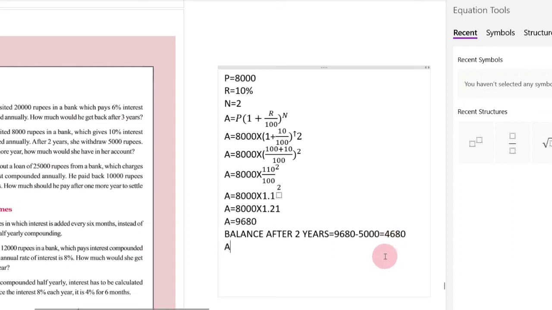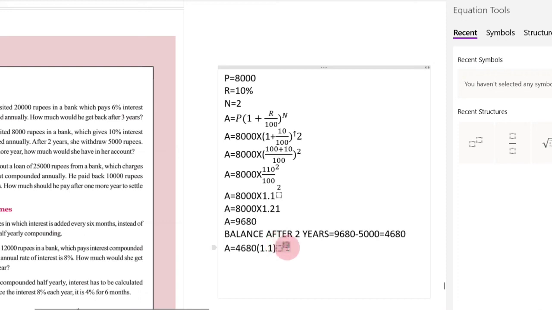So what will be the amount in that year? Here P is equal to 4680, so the amount is 4680 into 1 plus 10 by 100 raised to 1. We know that 1 plus 10 by 100 is equal to 100 plus 10 by 100, that is 1.1.